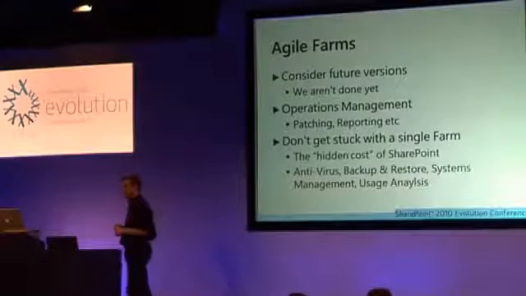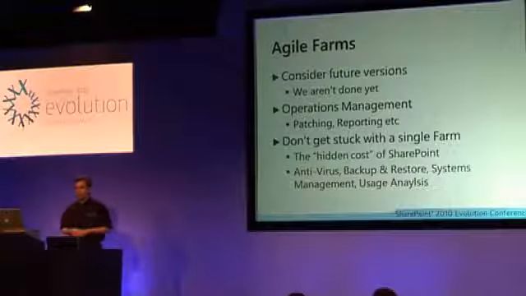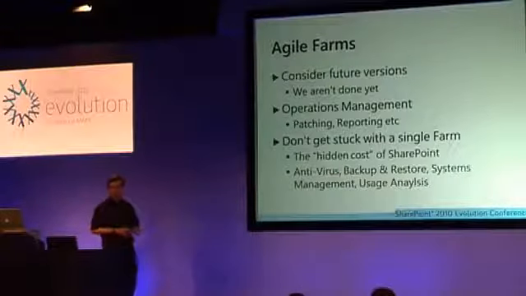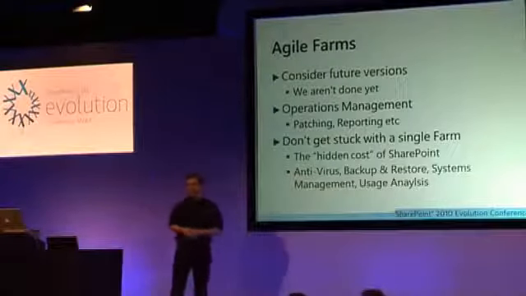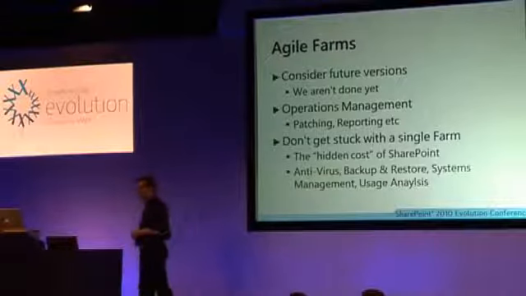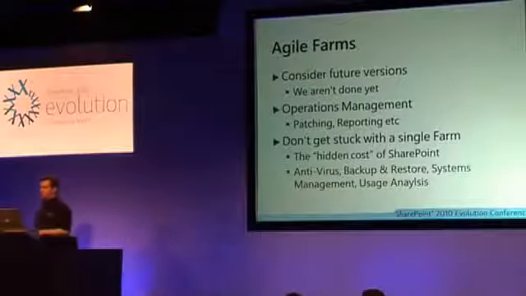Anybody want to hazard a guess what's going to happen with SharePoint 2020? I'm making a joke there. It's not going to take them 10 years. Well, we hope not. There's going to be more in 2020 than there is in 2010, right? And I'm not going to call it 2013 because it won't be called that.